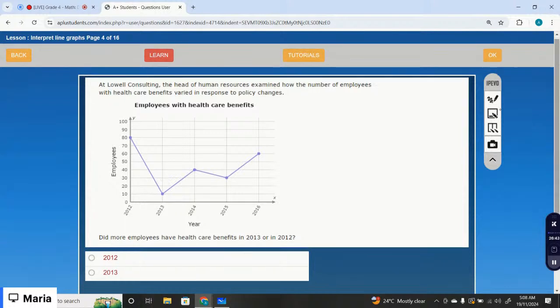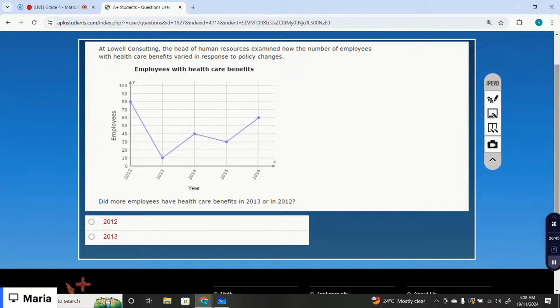Which is the correct option? 2012 is the correct option. Very good. That's option number one.